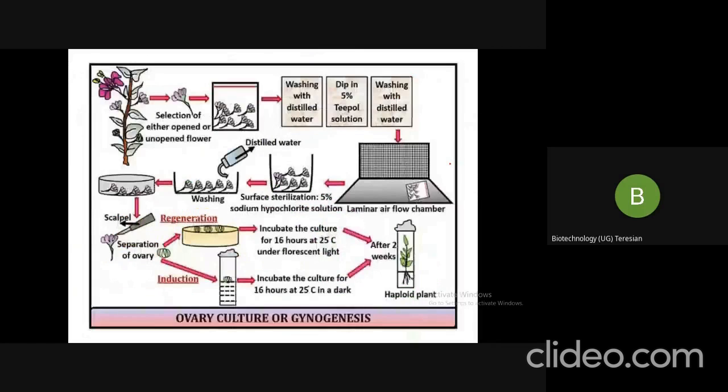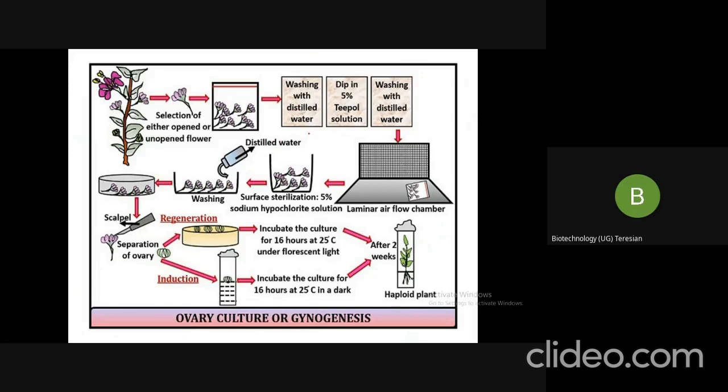Now let us look into the protocol of the ovary culture. So the first step is to collect the pollinated or unpollinated flowers from a healthy plant. Wash them, that is your flowers, with tap water.